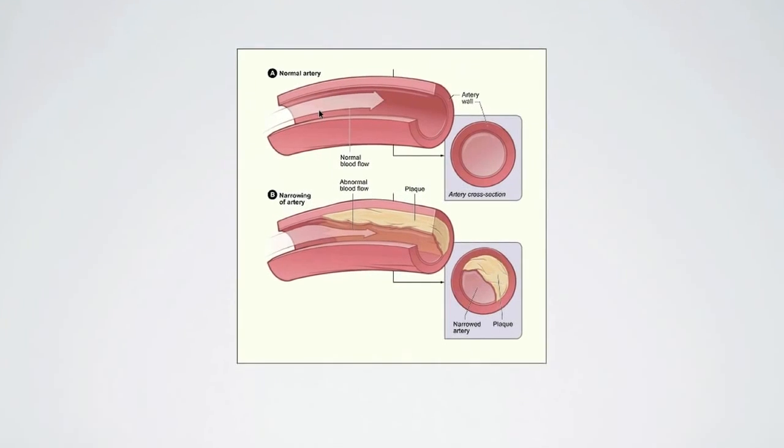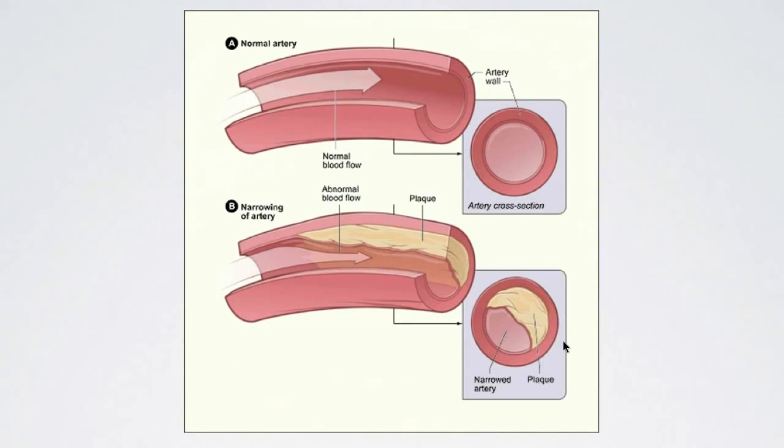There's one more thing that I want to add to this. Here we have an example of atherosclerosis, and that is where we have plaque buildup in the arteries. So here you can see the plaque, and that is building up in the arteries. And what that's going to do is it's going to cause us to have a narrowed artery. So the diameter is going to be significantly smaller. This can happen as a result of having too much cholesterol in our diets, and that's just an example.